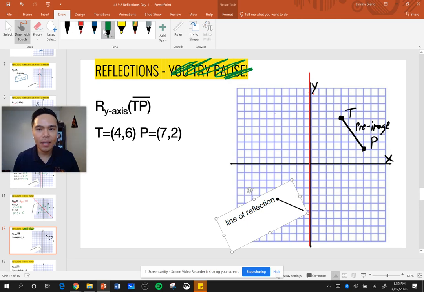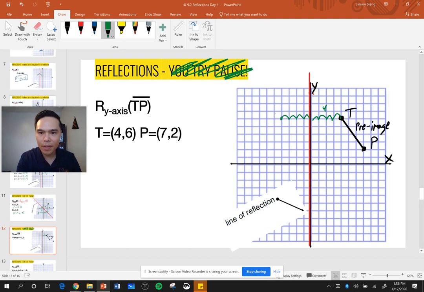But again, if I'm going to reflect T and P, I know that this is going to be 1, 2, 3, 4 away. So 1, 2, 3, 4. There's T prime. And then 1, 2, 3, 4, 5, 6, 7.